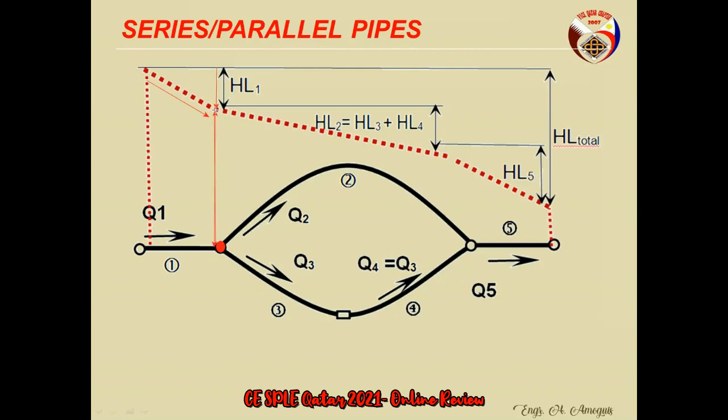Yes, ito yung total energy available to the start of pipe 2 at saka start ng pipe 3. And yung energy available noong start nung pipe 5 is ito siya. And yung energy available at the end of pipe 2 is ito din siya. And at the end of pipe 4 is ito din siya.